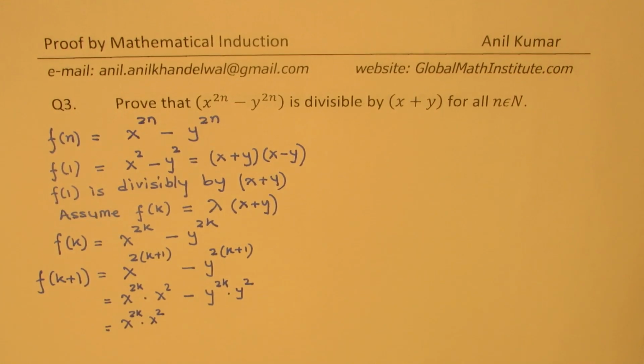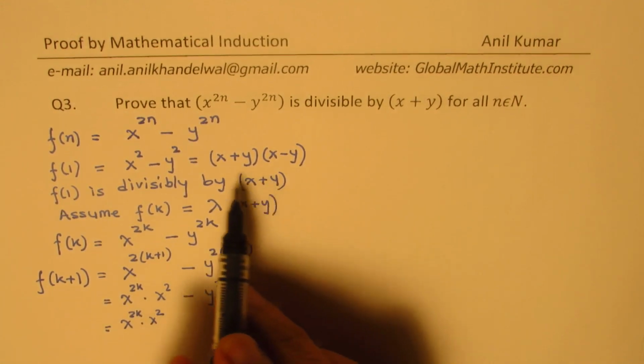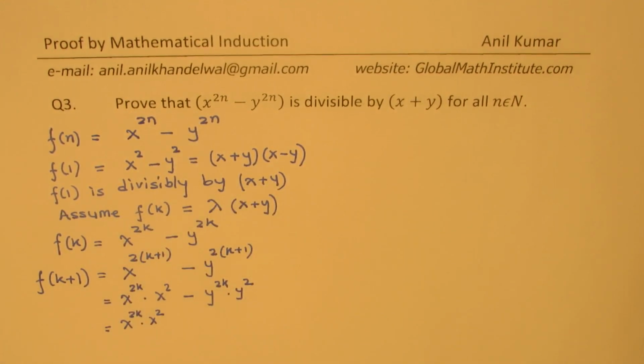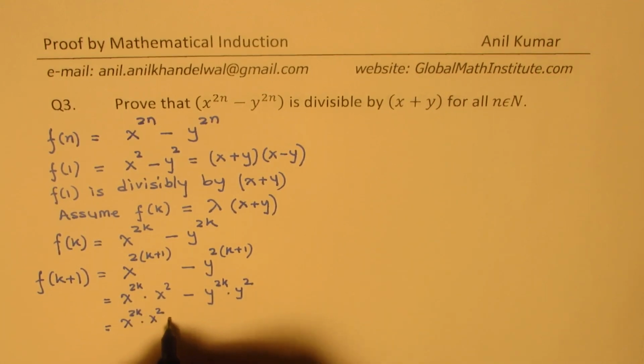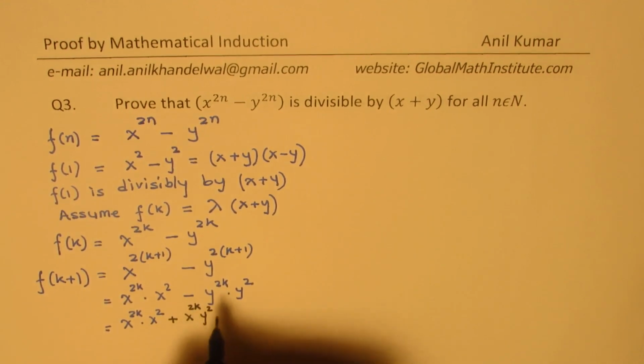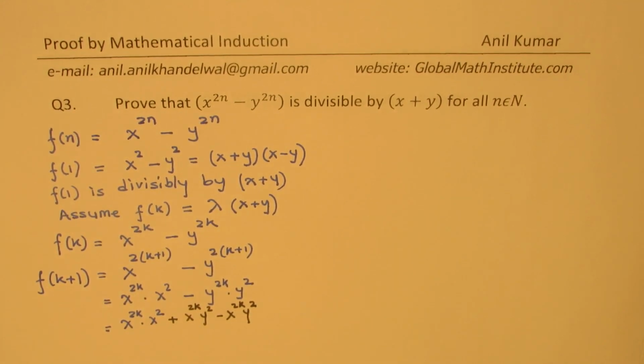So what we'll do here is we'll rewrite this as x to the power of 2k times x squared. And we are going to add a term here since we want x plus y. So we'll write here plus x to the power of 2k y squared and minus x to the power of 2k y squared. Do you see the strategy? Right?